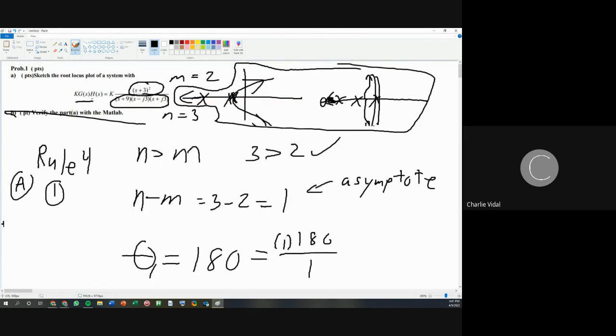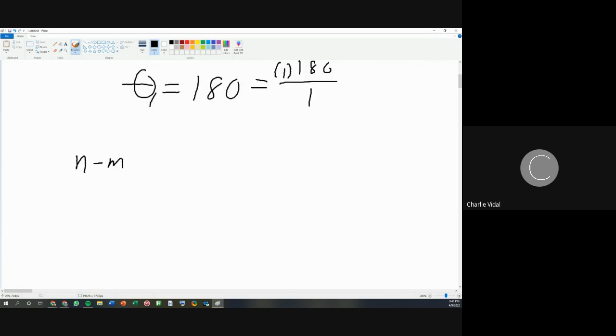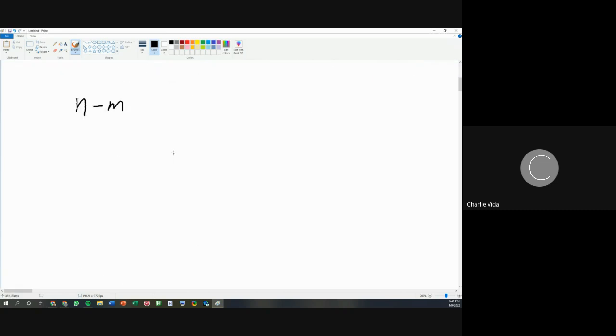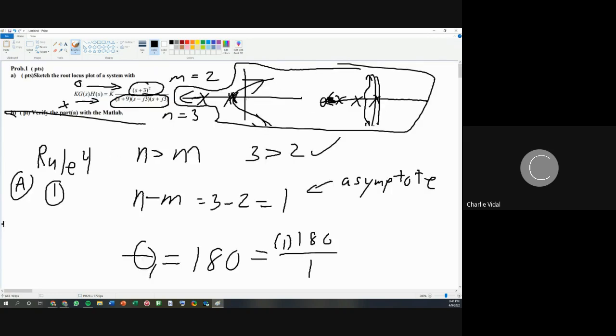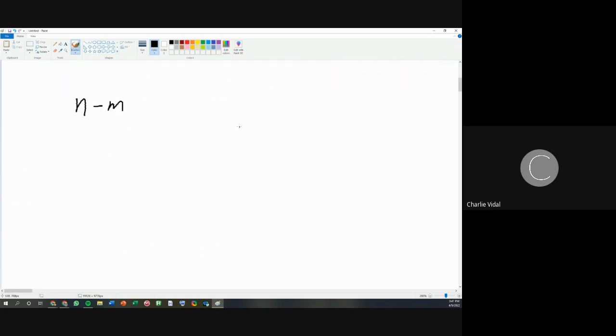These are the x's, and these are the o's, the zeros. So in this graph, there are 3 x's and 0 o's. So n minus m is 3 minus 0, which is equal to 3.